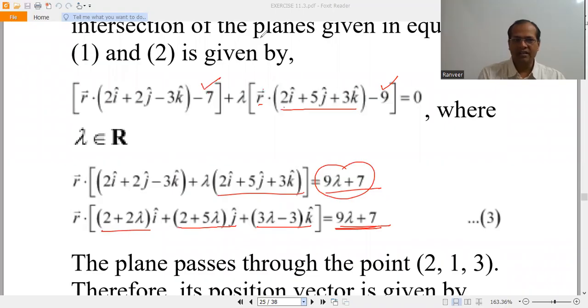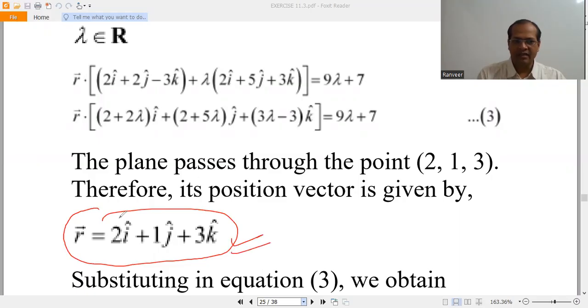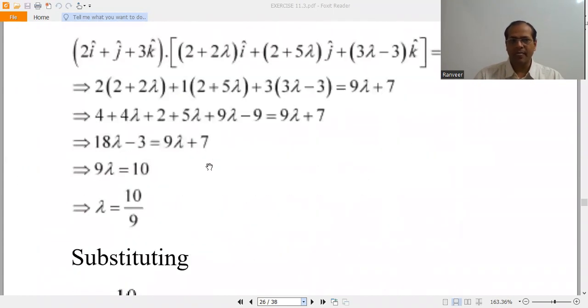Now this plane is passing through the point (2, 1, 3). So first of all, we have to write its position vector. So r equal to 2i plus j plus 3k, and this value we have to substitute here and find the value of lambda just by dot multiplication.